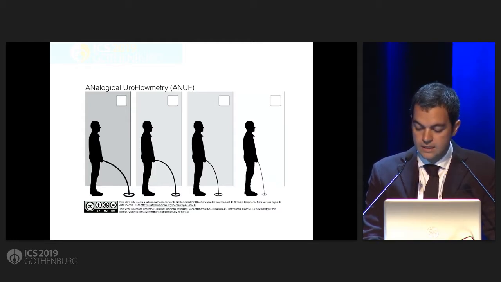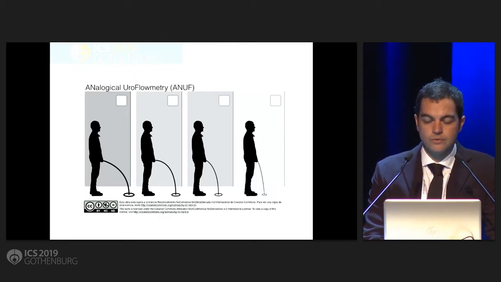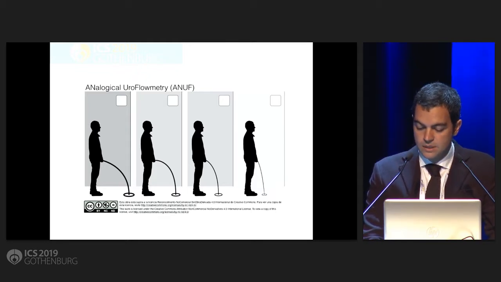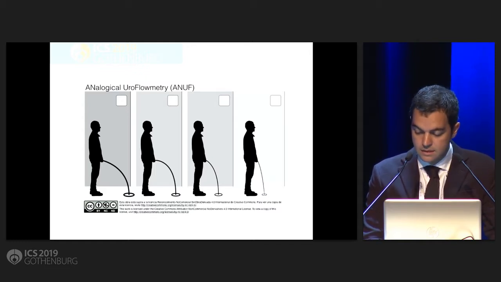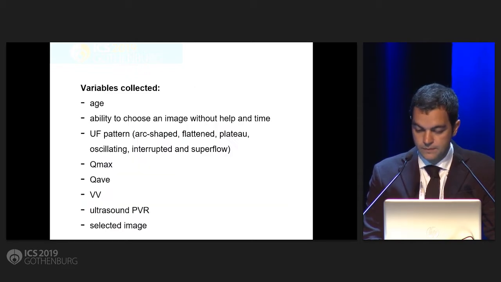We invited every candidate to drink half a liter of water, and later uroflowmetry was performed. The patient was then required to select the image that better represents the flow he has just performed. Afterwards, post-void residual volume was measured by ultrasound.